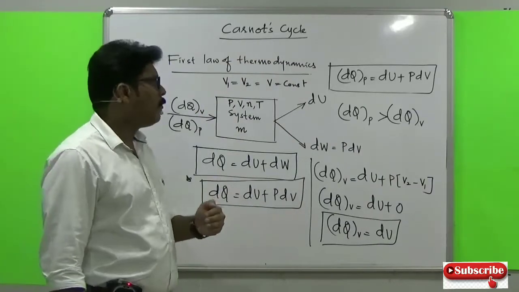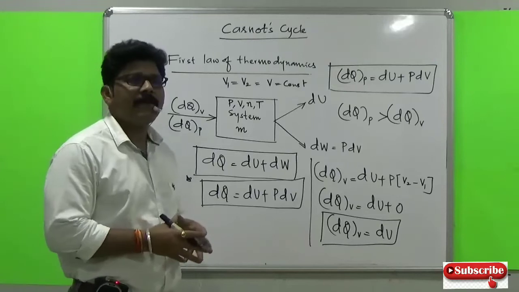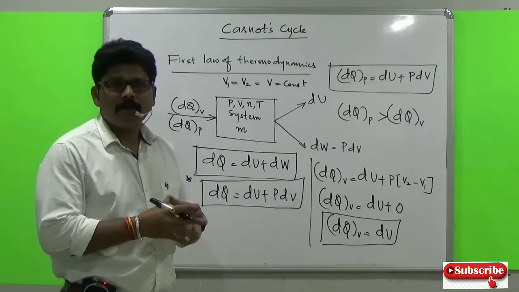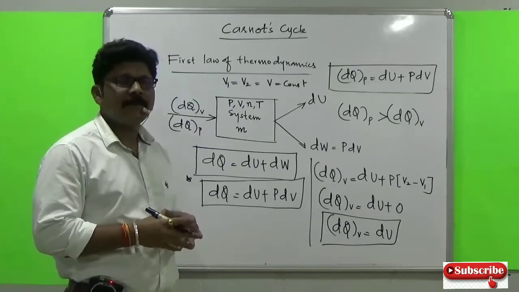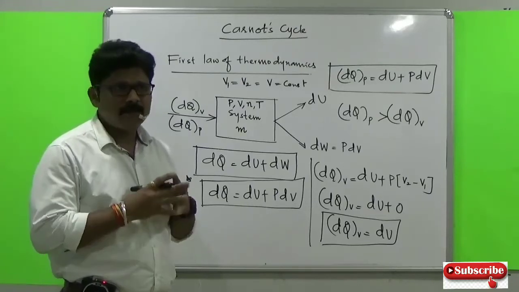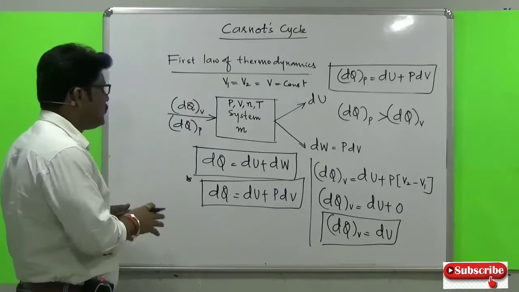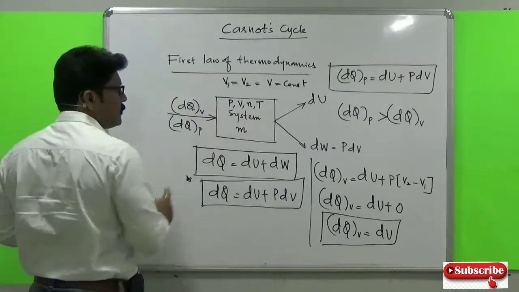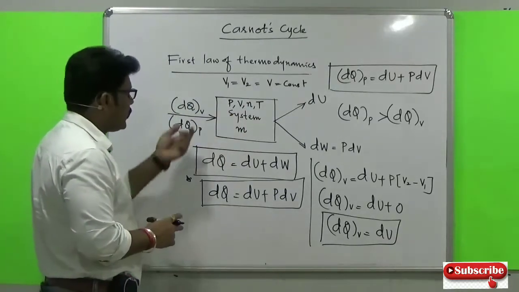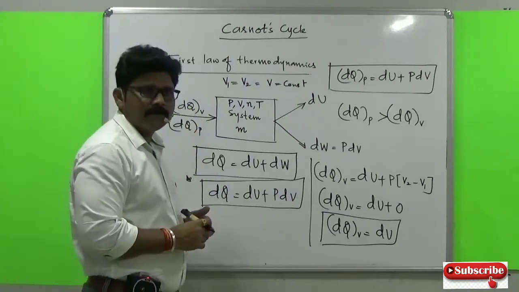उसके बाद में what is specific heat of a gas at constant pressure, specific heat of a gas at constant volume. Okay. If you take this heat is supplied to this one at constant volume.